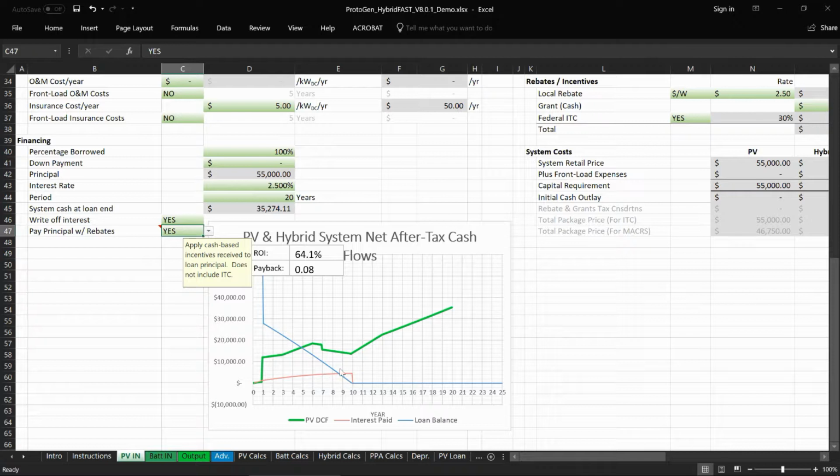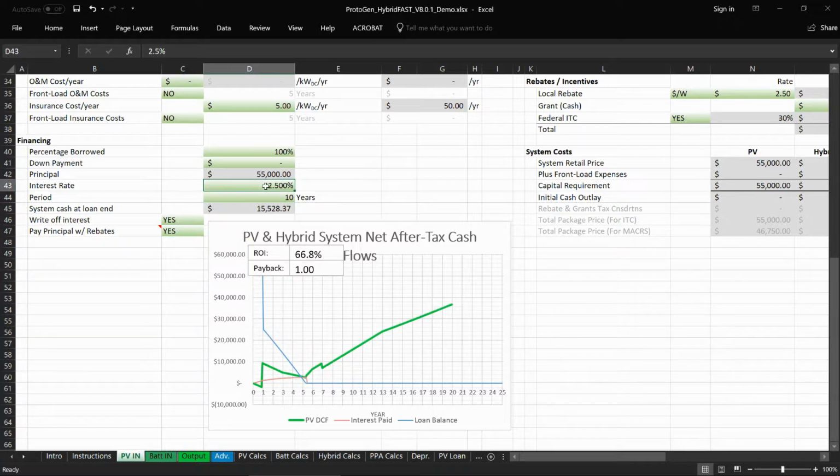And because we have the interest and the loan balance curves here, we can see what the finance expense, how that affects your system. So let's shift the financing just a little bit and make it a 10-year loan again at 4.5% and talk about what's going on here. Now in this situation, you're not cash flow positive from day one.